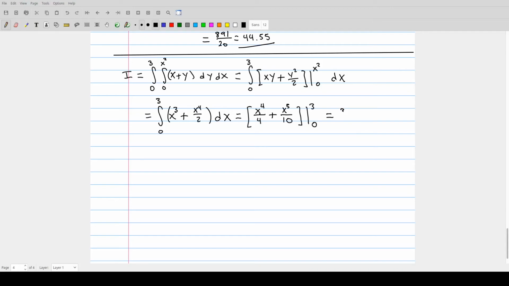So really this is just going to be 3 to the 4th over 4 plus 3 to the 5th over 10, which, not surprisingly, when you bring this to common denominator and simplify everything, reduces to 891 over 20, or 44.55. Which, not surprisingly, due to the great Fubini, is the same value as the other integral that we calculated.